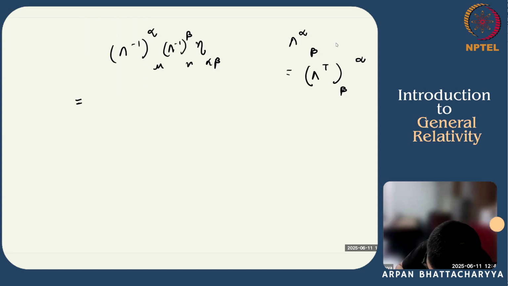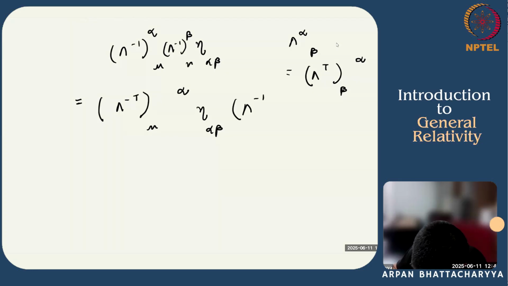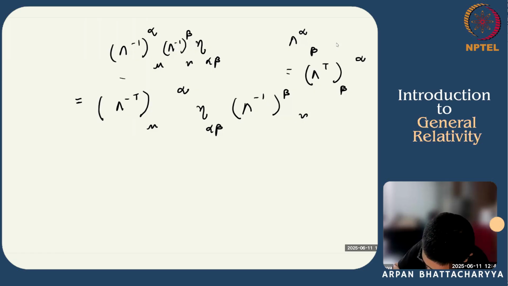What we will do is replace these by the transpose. These are just numbers multiplying each of them, so we can rearrange them without bothering about order. Remember, we are using index notation, component by component.